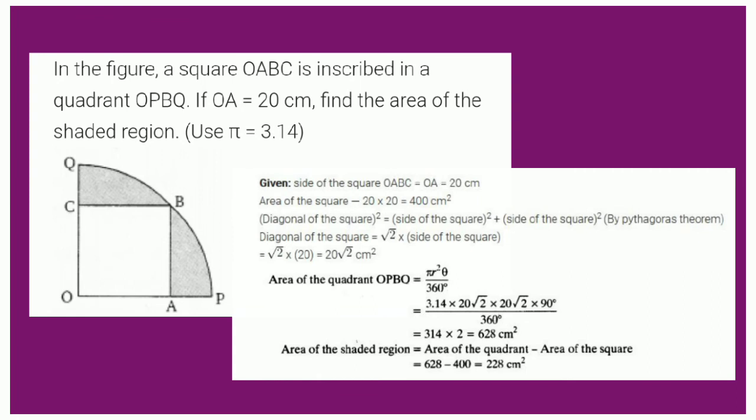Then next we have to find the area of the quadrant. For this we have to draw a diagonal OB in the figure, and you will get a right angle triangle. OA is the base, AB is the altitude and OB is the hypotenuse. By using Pythagoras theorem, we can find OB. That is, diagonal square is equal to side square plus side square.